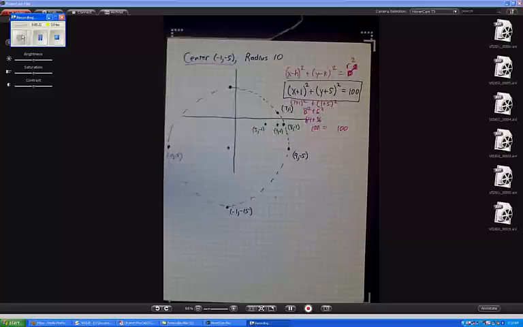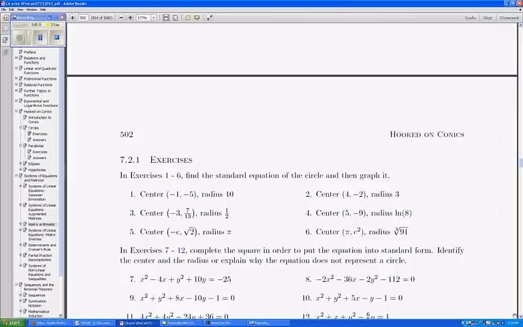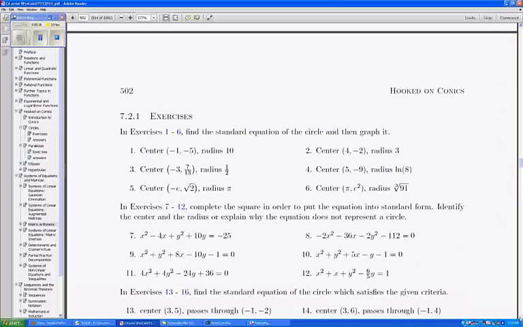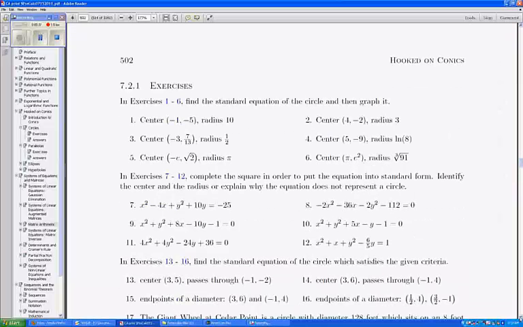So I really like what the author does next in the book. He says, well, okay, so you can do that. Now can you recognize that we have a circle, say here in problem 7. That's a nice problem.